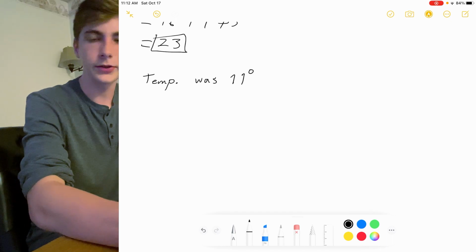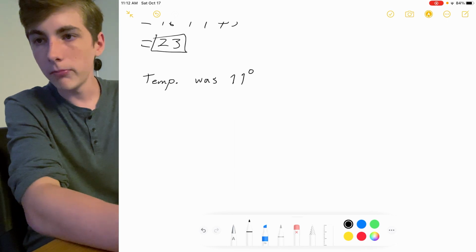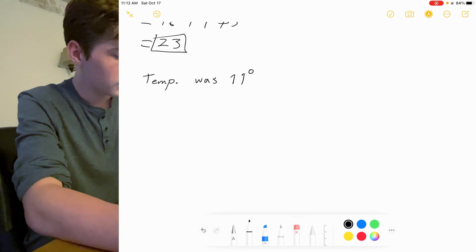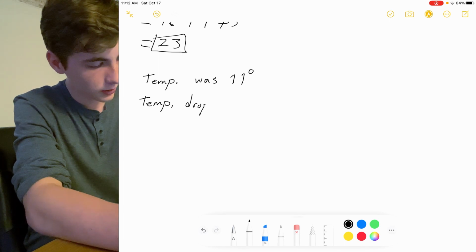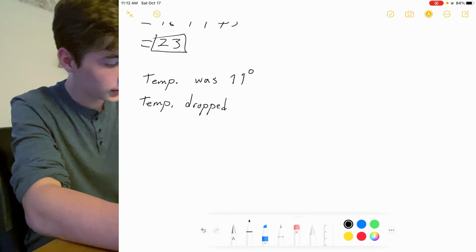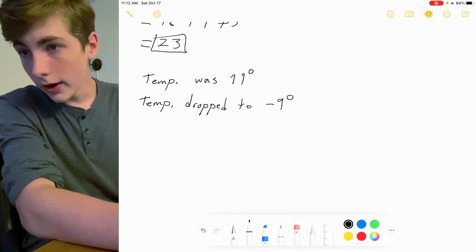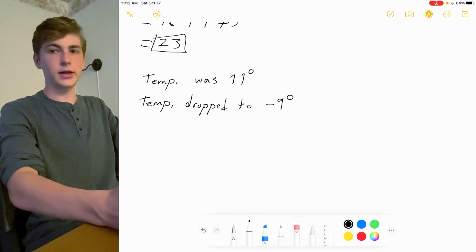It doesn't tell us Fahrenheit or Celsius. It doesn't matter. By mid-afternoon, the temperature dropped to -9 degrees. See the negative number there that they snuck in? What was the difference in the morning and afternoon temperatures?